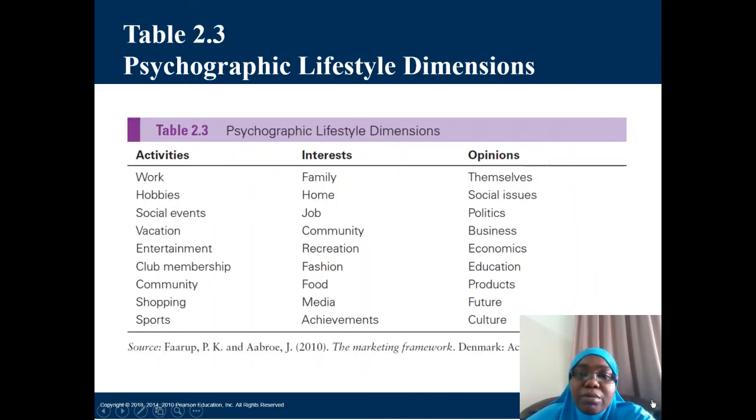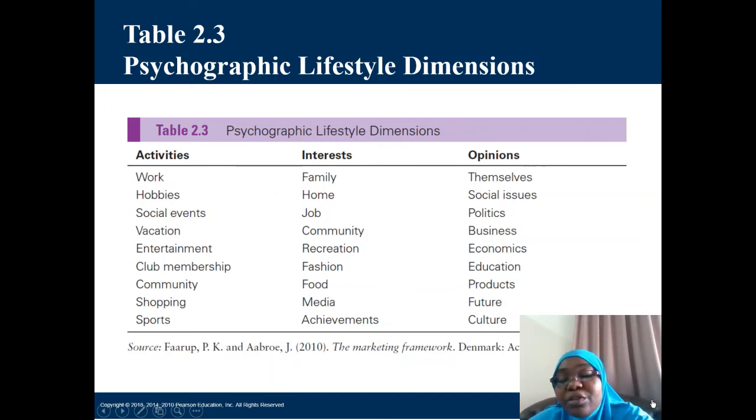So these are psychographic lifestyle dimensions. You want to group your market based on the activities they are involved in, their interests, and their opinions. As far as activities are concerned, we have work, hobby, social events, vacation, club membership, and so on.